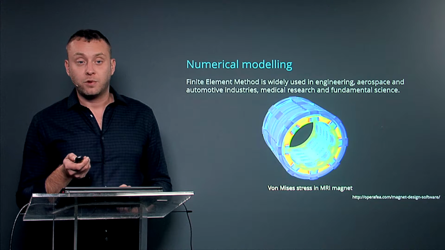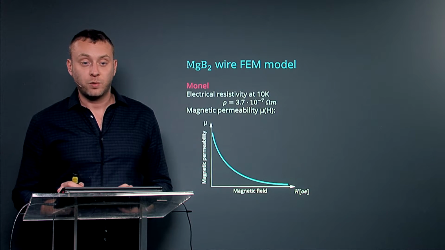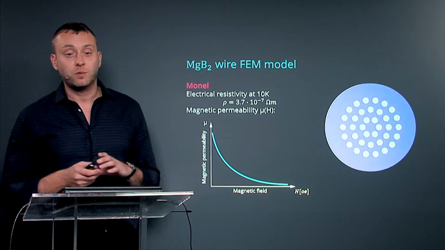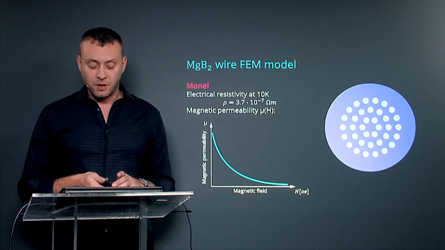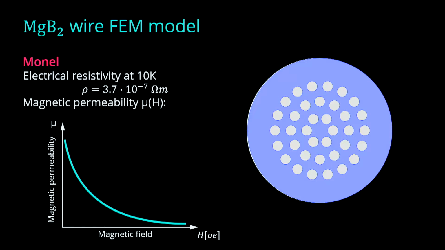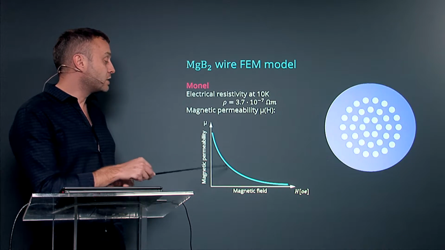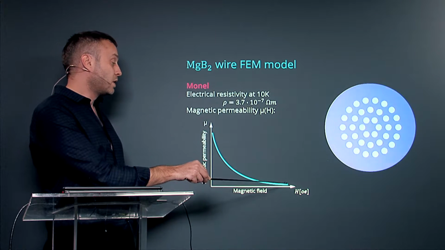And for our research, we're about to model our MgB2 wire, the first one with the Monel matrix. So our input parameters are electrical resistivity at 10K and magnetic permeability, mu, as a function of magnetic field. We can see that permeability decreases with the magnetic field.